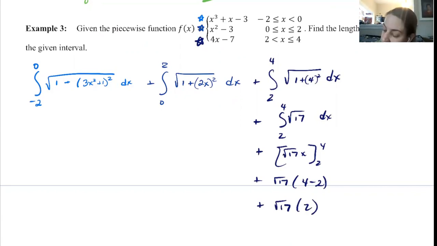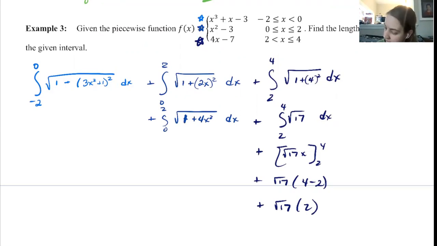Now, if I come to the middle integral, we're integrating from 0 to 2. 2x squared would be 4x squared, 1 plus 4x squared dx. And again, it looks like I could use substitution, but there's no 8x hanging out. There's no x anywhere. So I'm going to do this in my calculator.